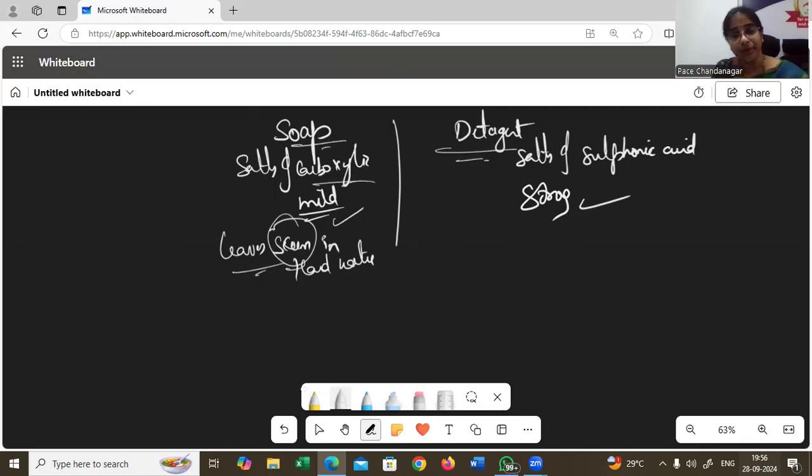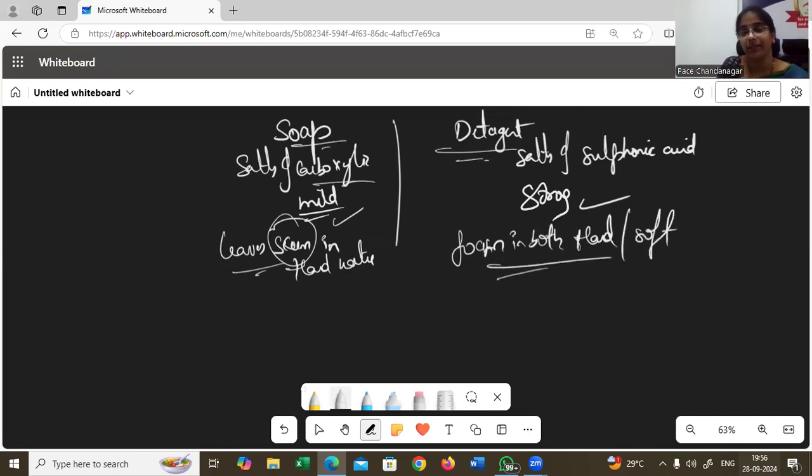That white trace you see on the drains as you go for a bath, that is your scum. If it is good water, not hard water, if it is soft water, then you will find foam there. So soap leaves scum in hard water and foam in soft water. The detergent leaves foam in both hard and soft water because it can dissolve the salts; detergent is made of sulfonic acid.